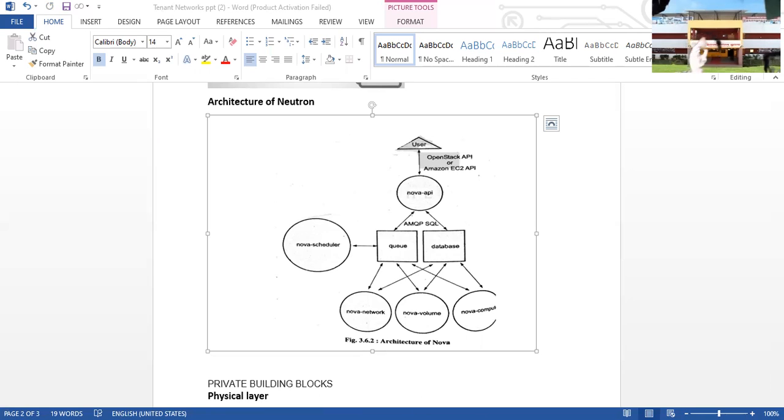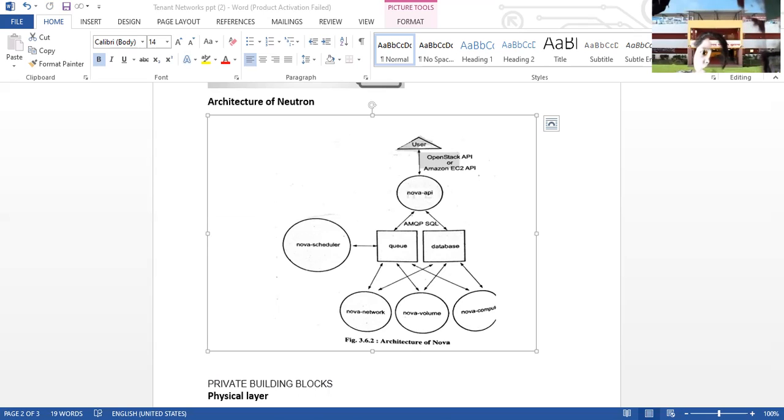Nova architecture. Nova is an architecture of distributed applications with many components, but the majority of them are custom-written Python daemons of two varieties: a Web Server Gateway Interface, that is WSGI, application to receive and mediate API calls, and worker daemons to carry out tasks.